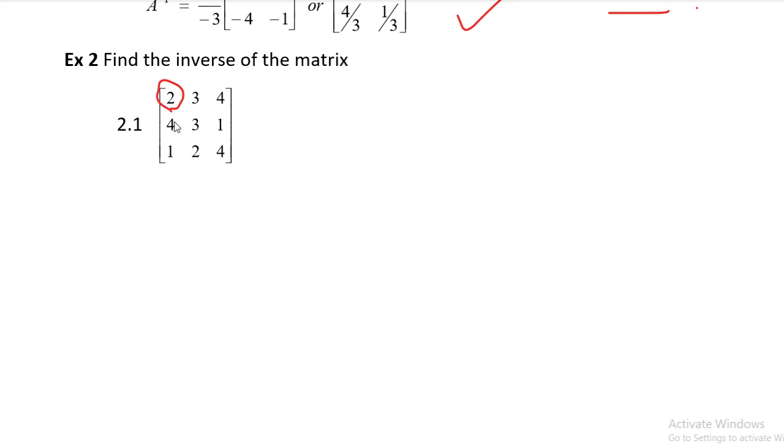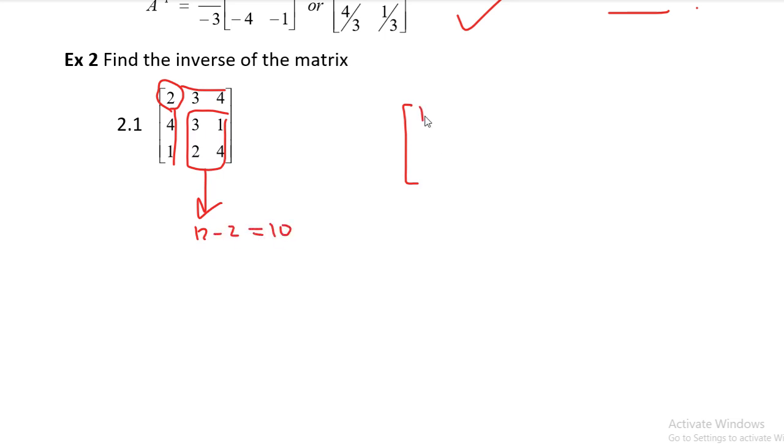Cofactor of this 2 is: remove this row, remove this column, and take this determinant. So if I take the cofactor matrix and replace 2 by its cofactor, the cofactor is 4 times 3, which is 12, minus 2. So this has determinant 12 minus 2, that is 10, right?